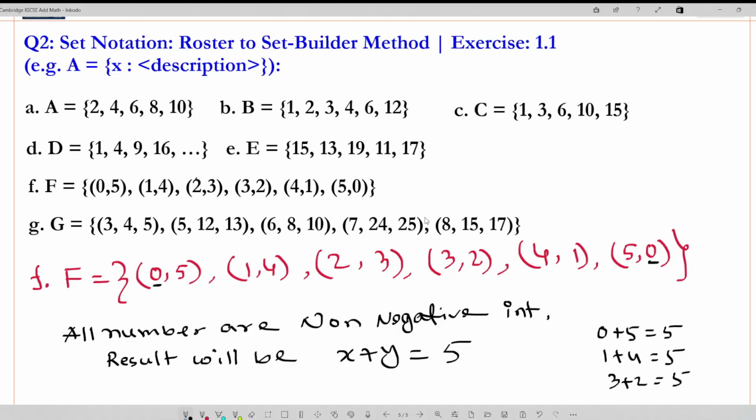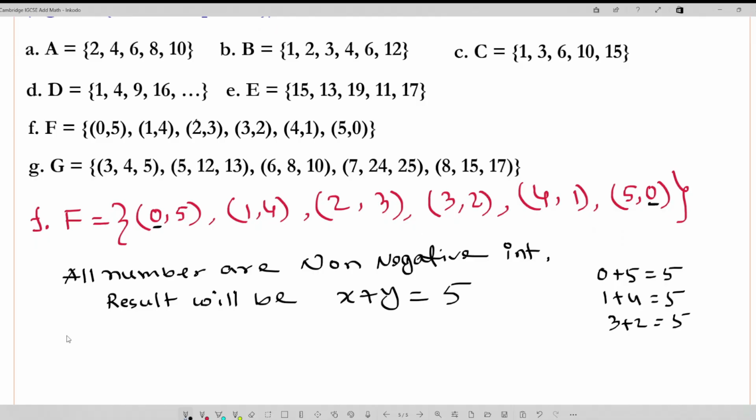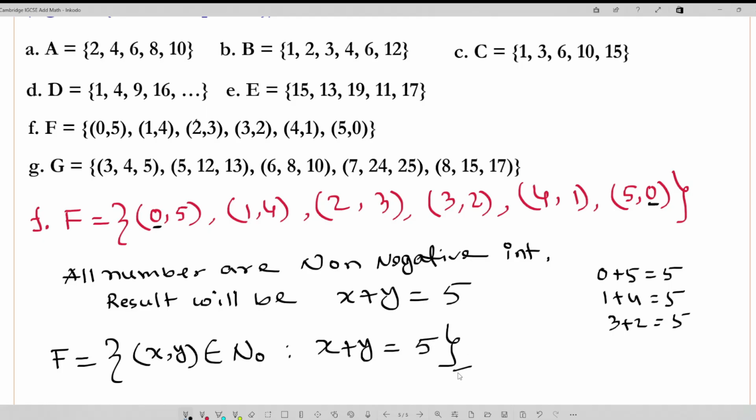So for this one we can write like F is a set, okay, and here is x and y, elements of non-negative integers, right, such that x plus y equals to 5. Okay, and this is our answer.